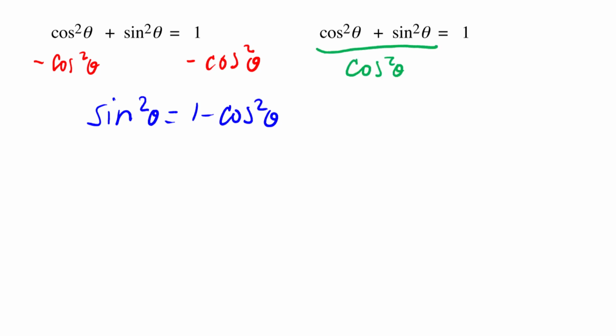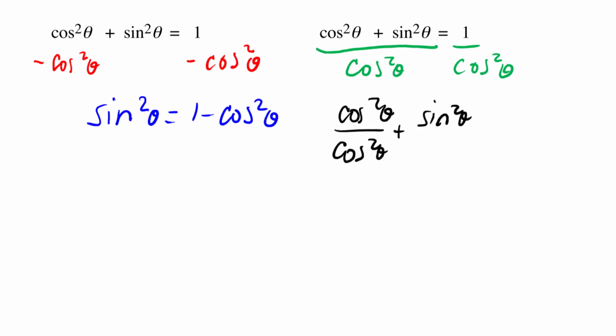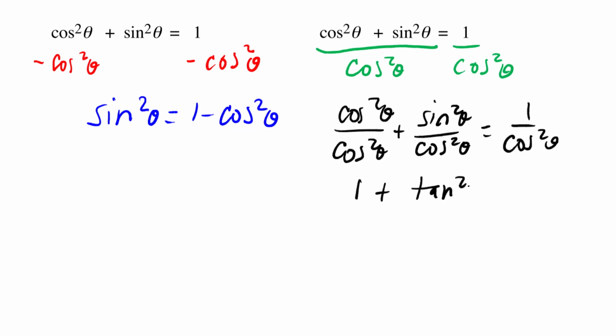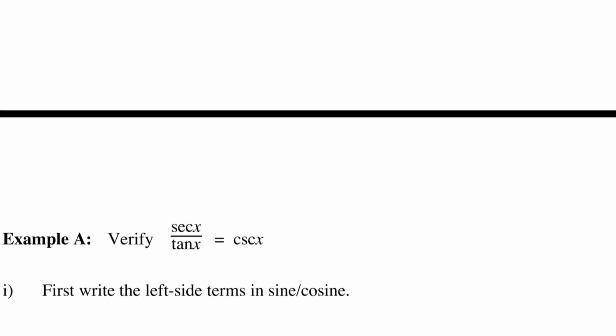And what that does is create two fractions on the left, each divided by cosine squared, and the fraction on the right, 1 over cosine squared theta. But what we get from that is a new looking identity. 1 plus tangent squared theta equals secant squared theta. It's really not a new identity, it's just a different form of what we already know.